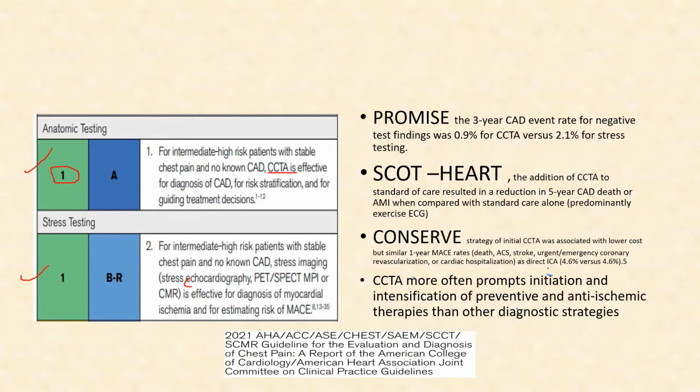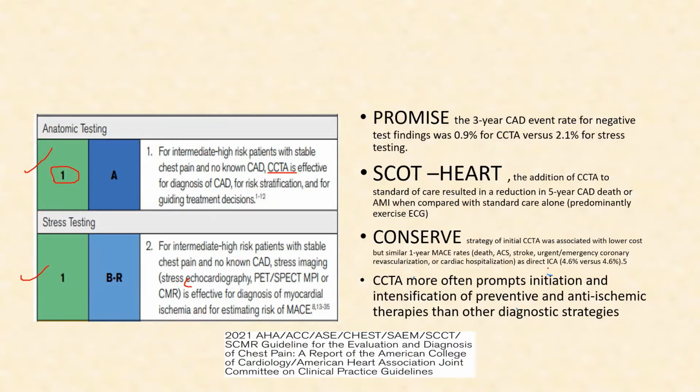So if you do cardiac CT before you send the patient to invasive coronary angiogram, that has reduced the risk, but not the adverse cardiac events. And of course, reducing the risk is a precious kind of value we all seek.